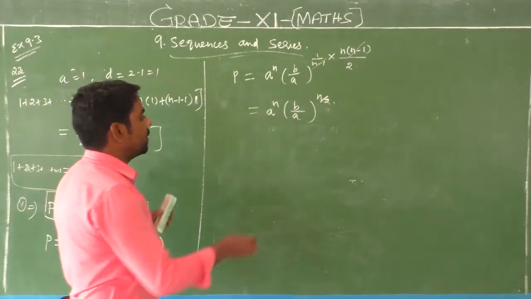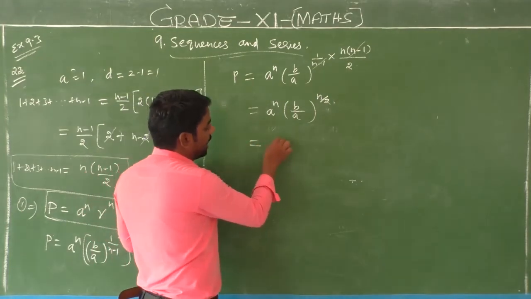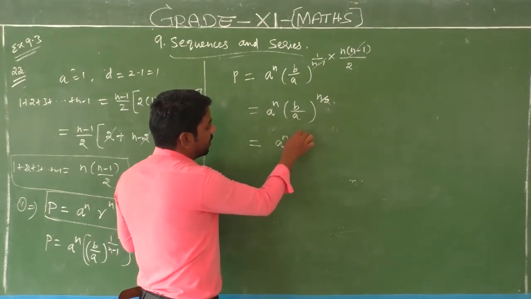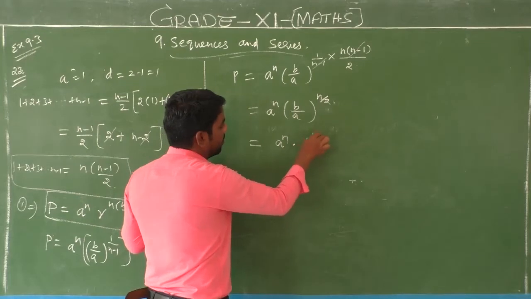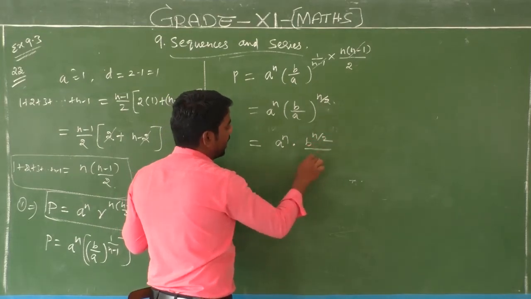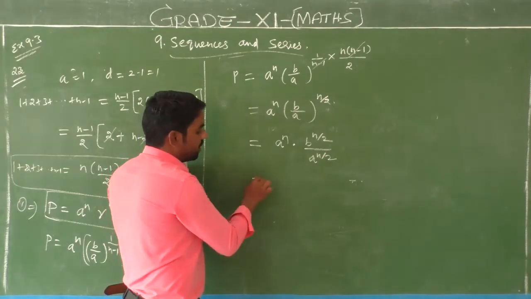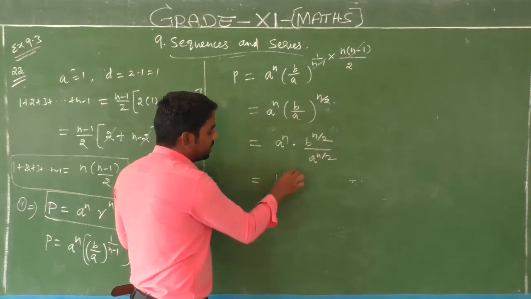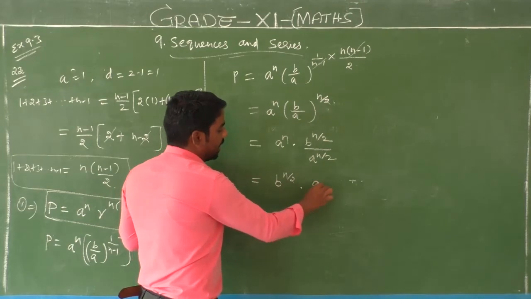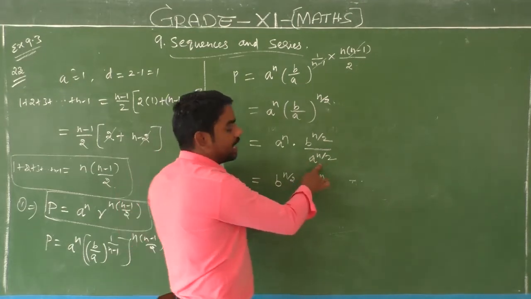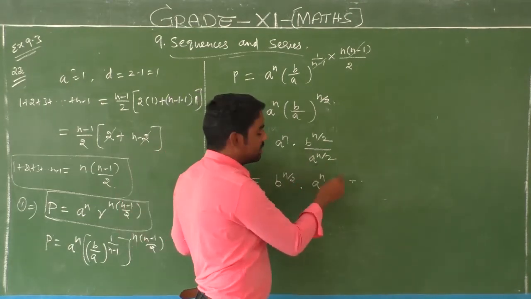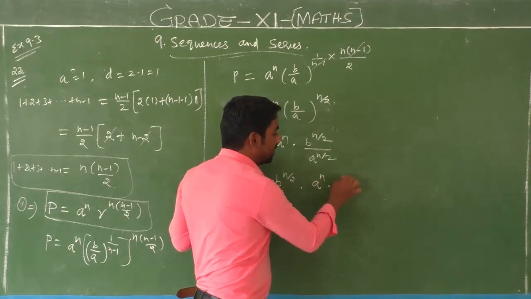Okay, fine. This is equal to A power n into B power n by 2 divided by A power n by 2. Simplify this: B power n by 2 into A power n into 1 by A power n by 2, which is written as A power minus n by 2.